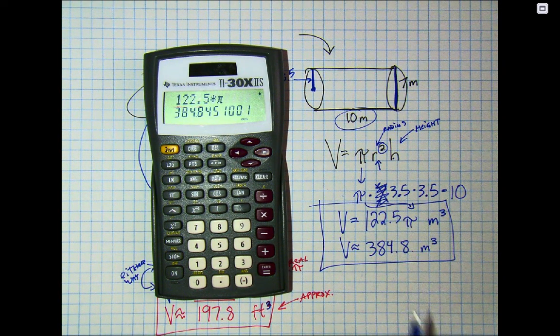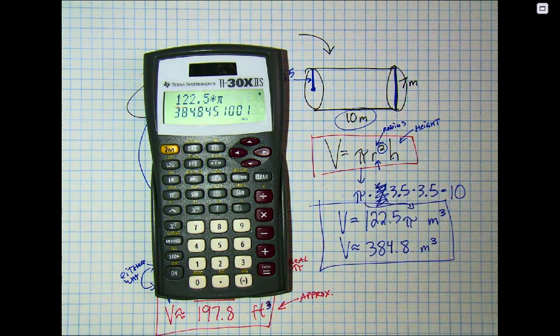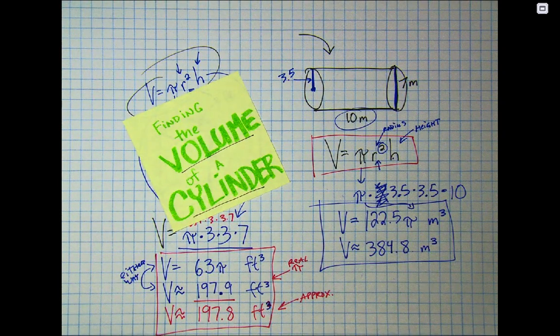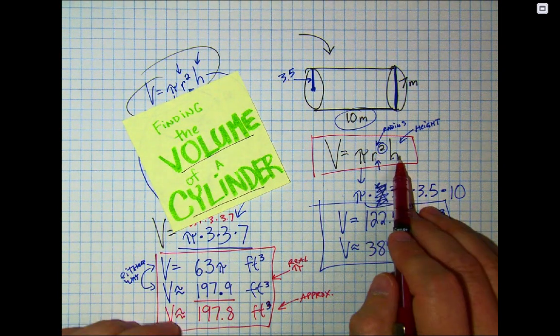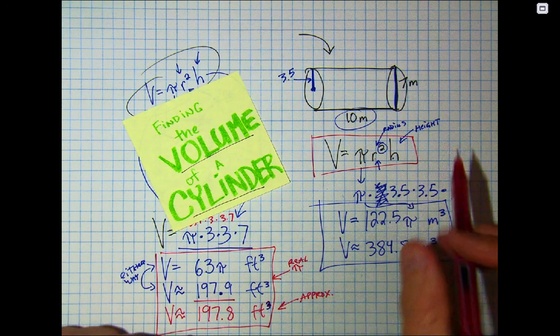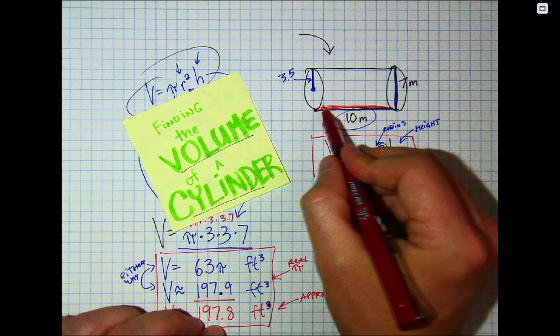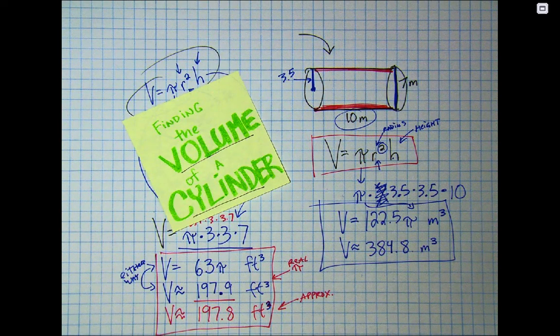So, volume of a cylinder is pretty easy to find. All you have to do is remember pi r squared h. Radius and height are your only two variables. Don't get fooled by sideways cylinders. The height is always the distance between the two circles, even if it's knocked over on its side.